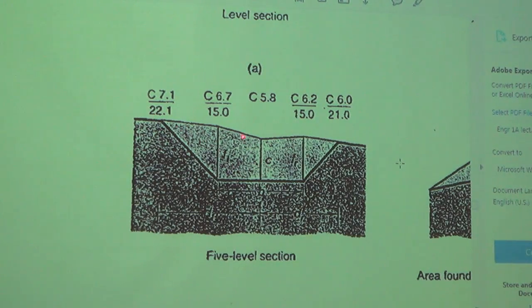They're really negatives, right? So if this is my origin, this 15, which is this distance, and this distance, which is 22.1, are negatives.